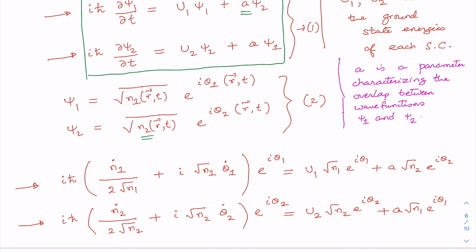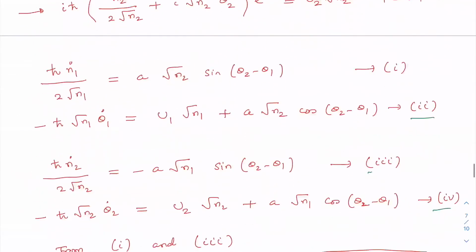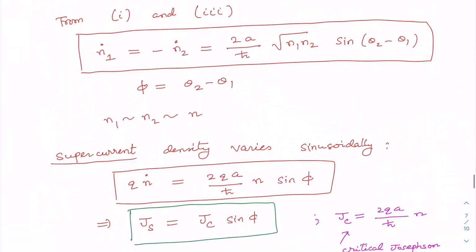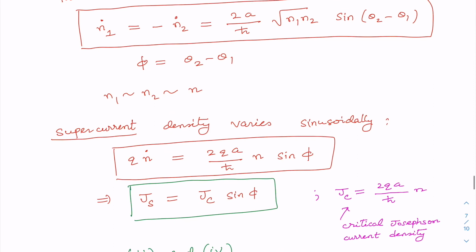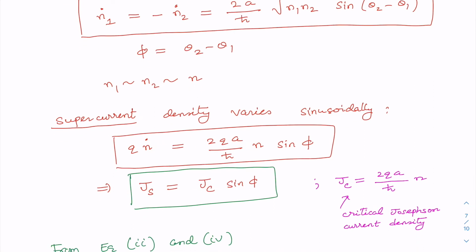Theta 1 and theta 2 are the respective phases in the two superconductors. Then we put equation 2 in equation 1, and after analyzing, it turned out that the current density is basically a nonlinear function of the phase difference between the two superconductors, and Jc here is the critical Josephson current density.